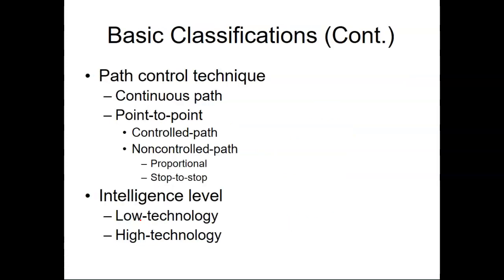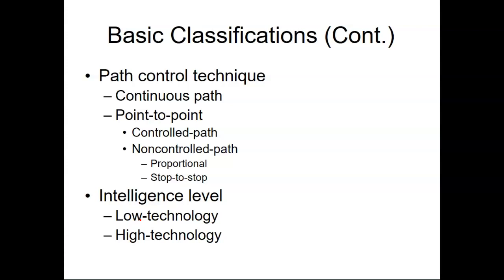All right. So then, basic classifications. We also have path control techniques. One of the robots you will see here is this big red one in the middle of the floor over there. He's a collaborative robot. He runs 2 different ways. He runs continuous path, where you can actually take the arm and move it through every place and every movement you want it to move through.